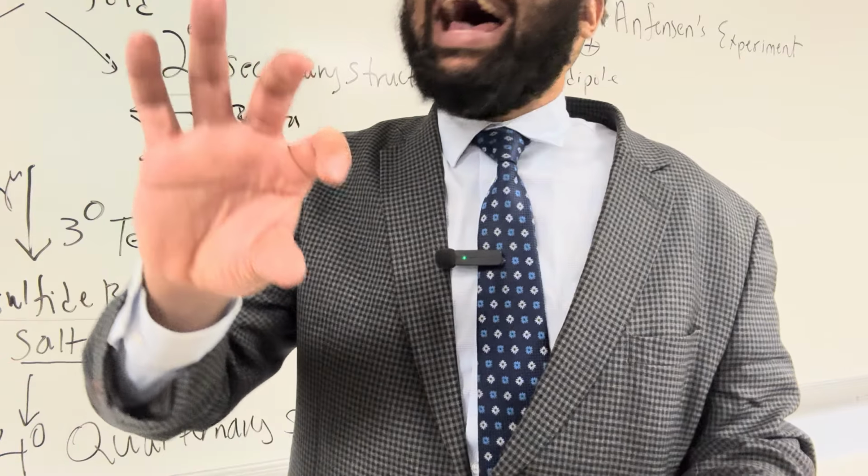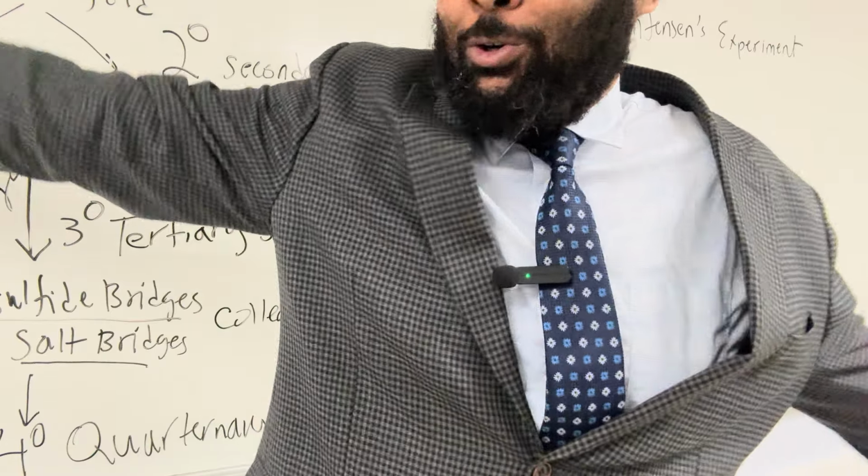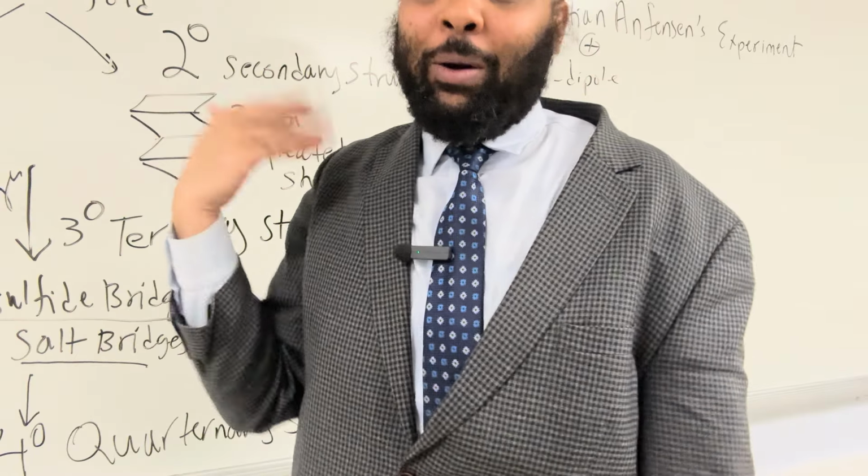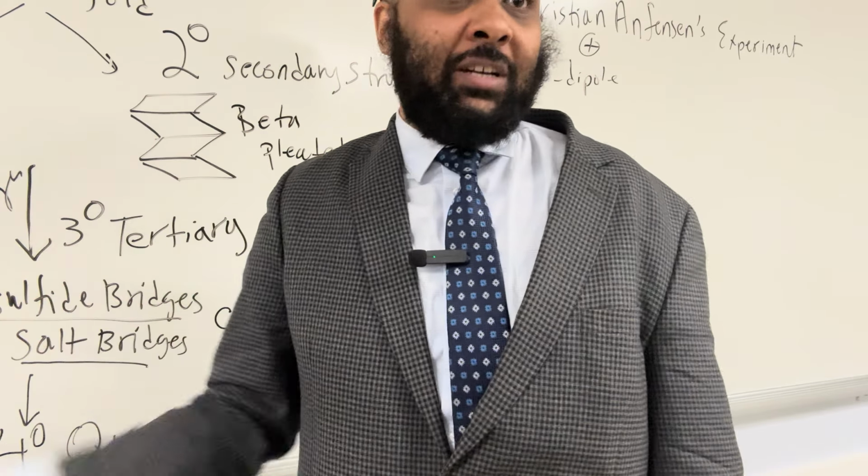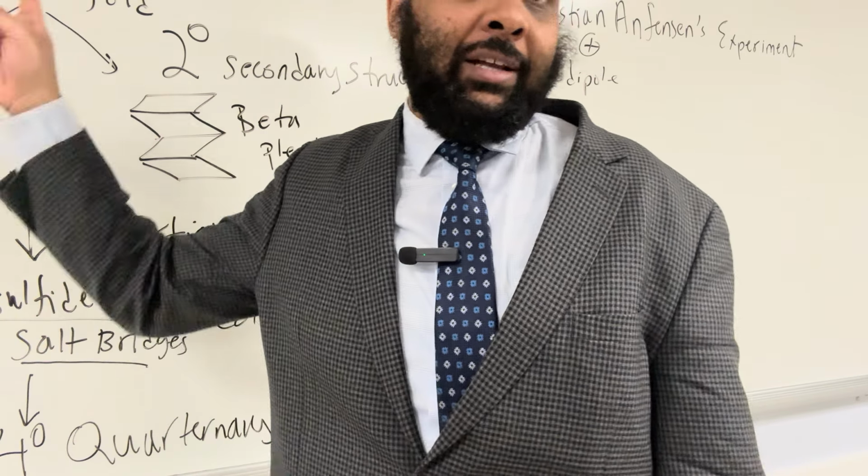What do you think happened to this quaternary structure protein? What do you think happened to this tertiary? It what? Say it. I cannot hear you. Say it. It defolded, and I like the word defolded too. Back when I was in college, I said defolded, and the professor said no, denature. Anyways, at least you know it denatured.